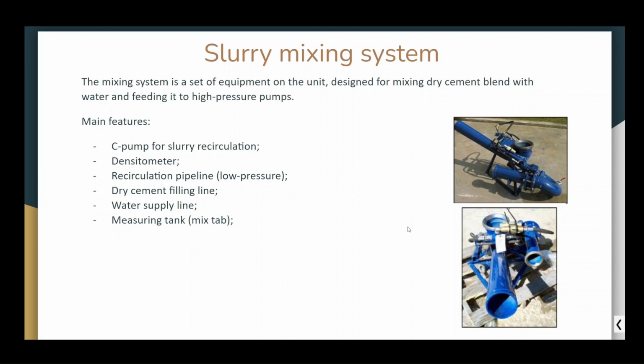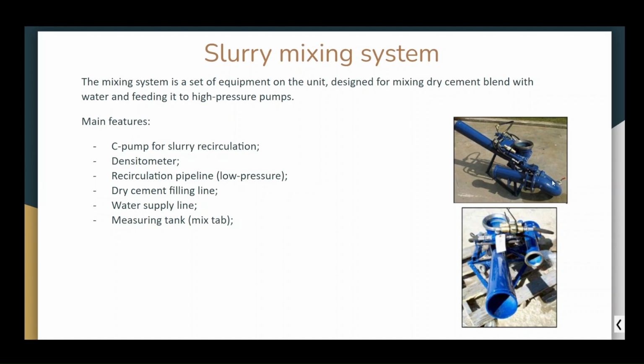The main feature is the pump for recirculating slurry. To prepare the fluid we need to circulate and hold it in this line until we attain the right level of density. We can measure the density with a densitometer, a special density measurement device located on this pipeline.